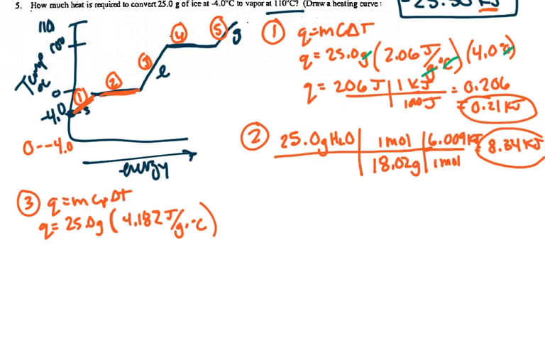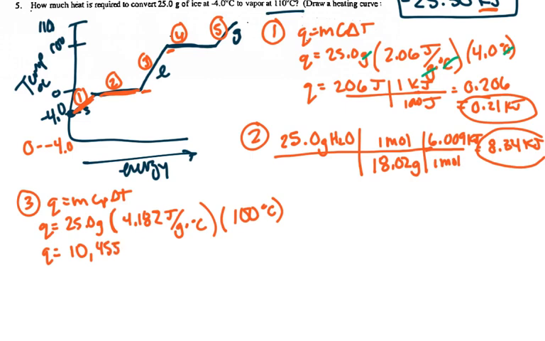And then we're doing a temperature change again. This time my temperature is going from 0 to 100. So if I take my final, which is 100, minus my initial, which is 0, I get 100. And that's degrees Celsius. So I'm going to multiply all of that through, and that gives me 10,455 joules.